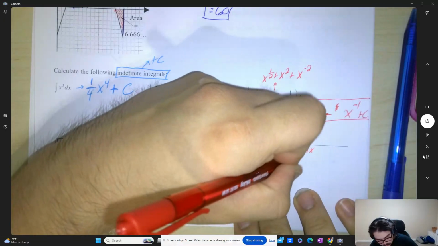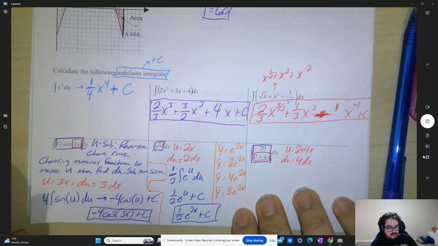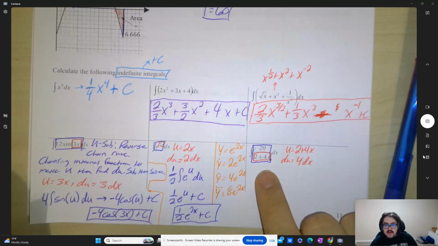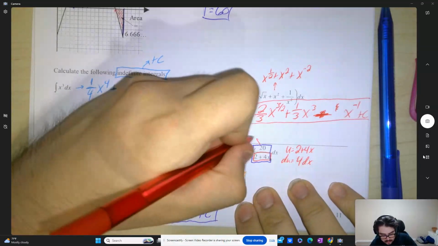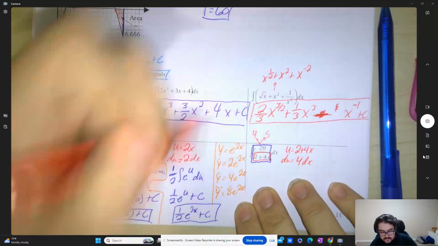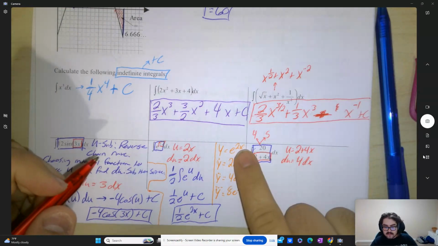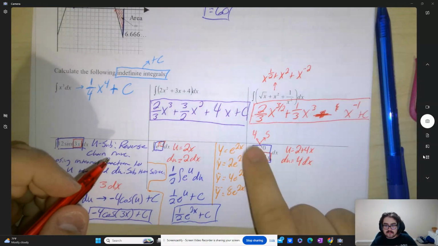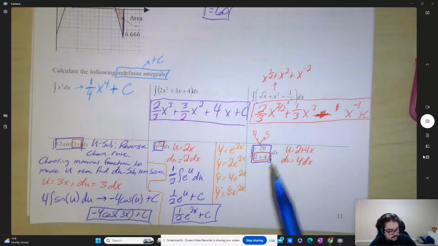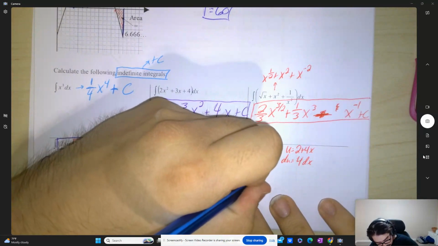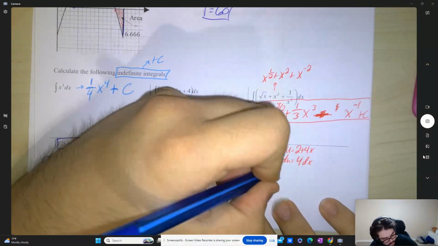Then du is going to be 4 dx. I can separate 20 into 4 and 5. So I'm going to take the 4 out, and the 5 is going to come out into the front, because I need 4 dx. 4 dx is just going to turn into du. So this is going to end up looking like 5 times the integral of du over u.